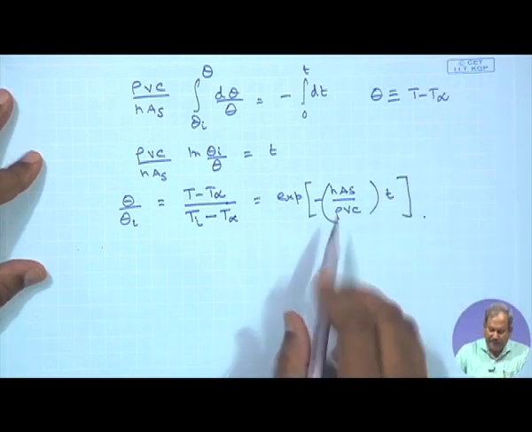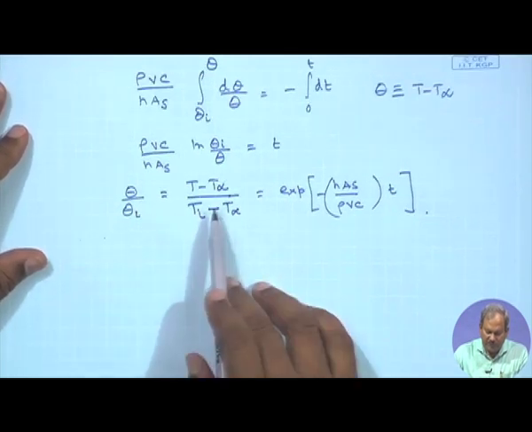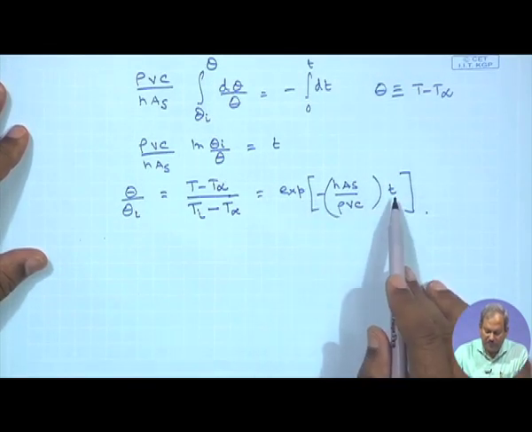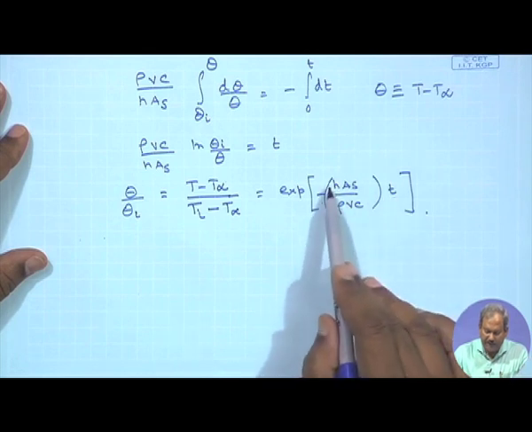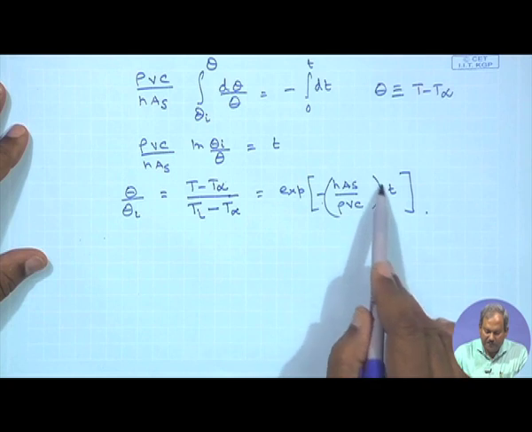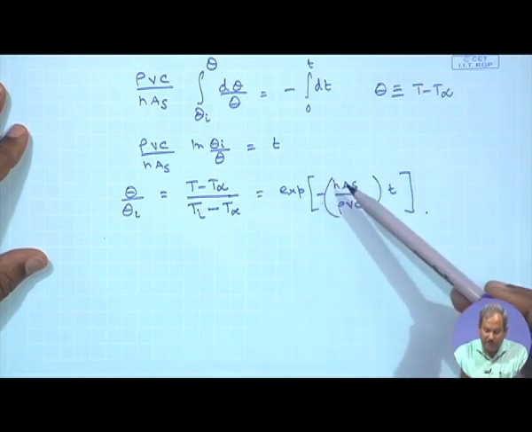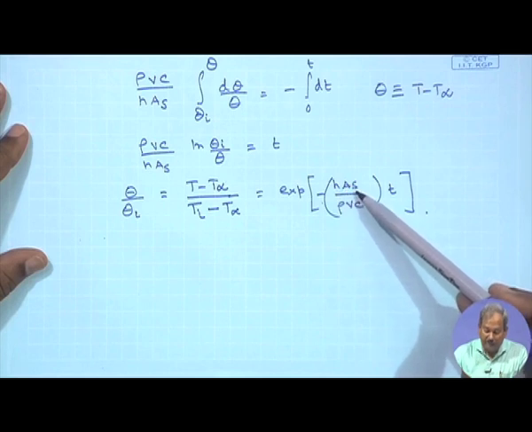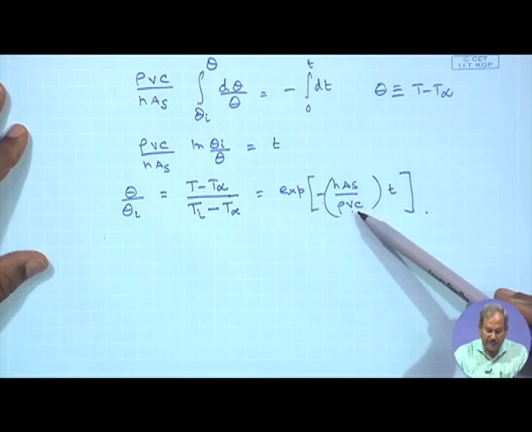Okay. So therefore, the temperature of the object would change in an exponential fashion with time, and the time constant of the process is simply the inverse of what I have written inside the bracket. This is the convective heat transfer coefficient, this is the surface area, rho, volume, and the heat capacity.